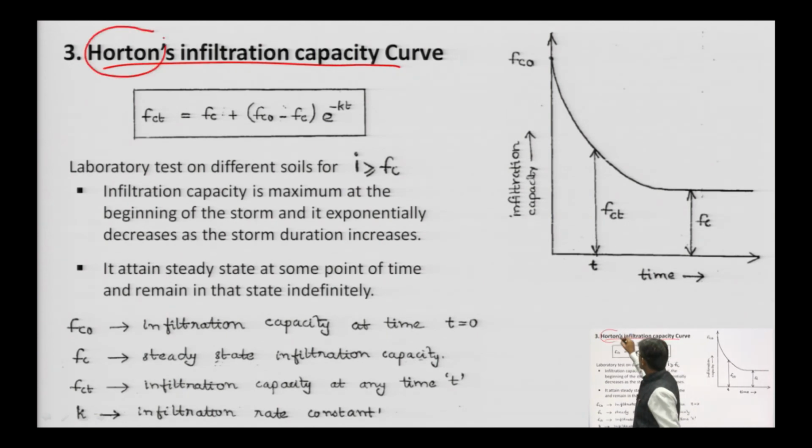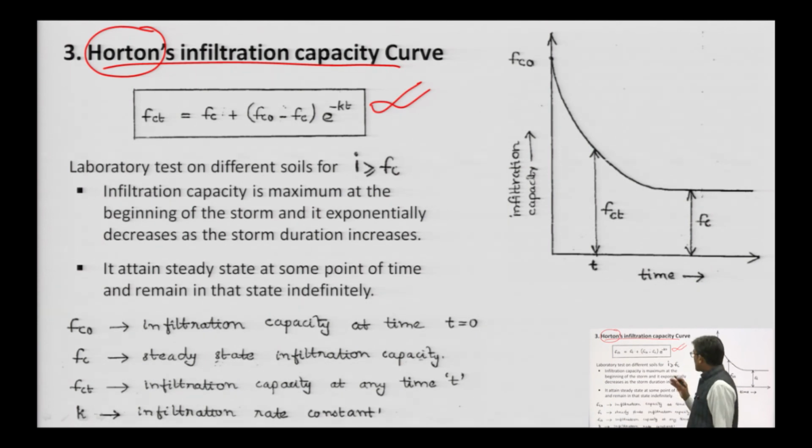Horton gave an equation, and if we plot these equations, then we get this type of curve, where fc naught is the infiltration capacity at time t equal to 0.